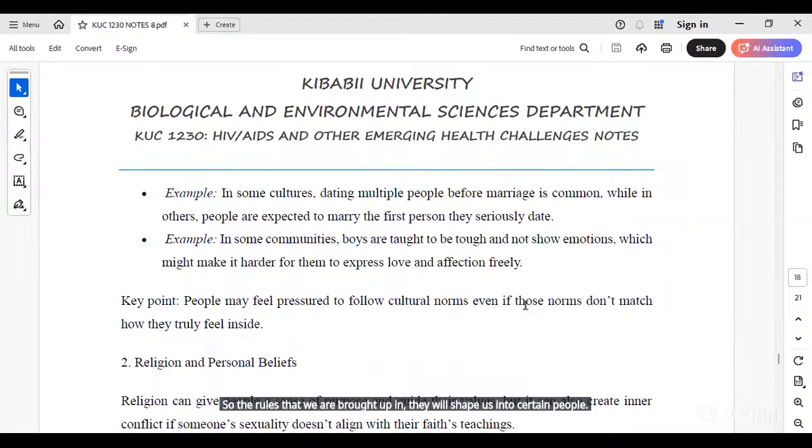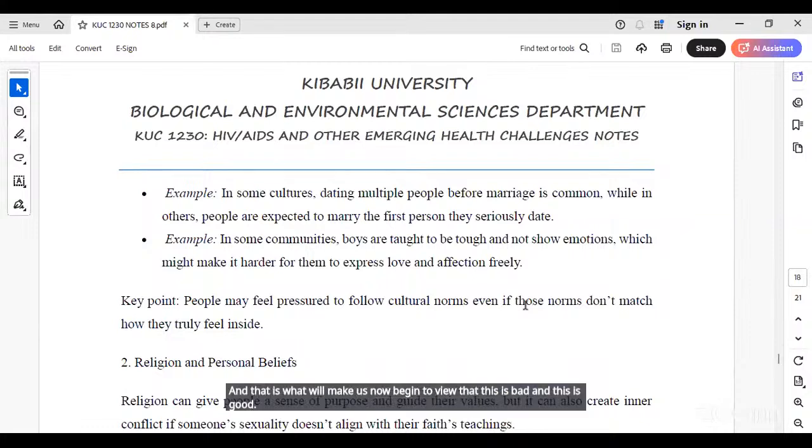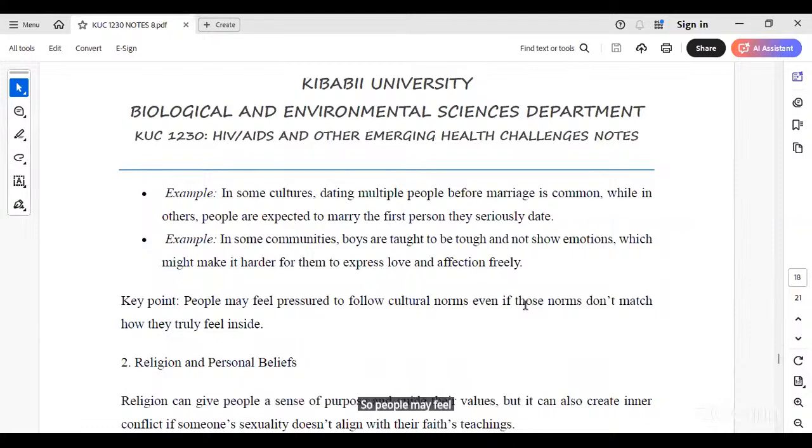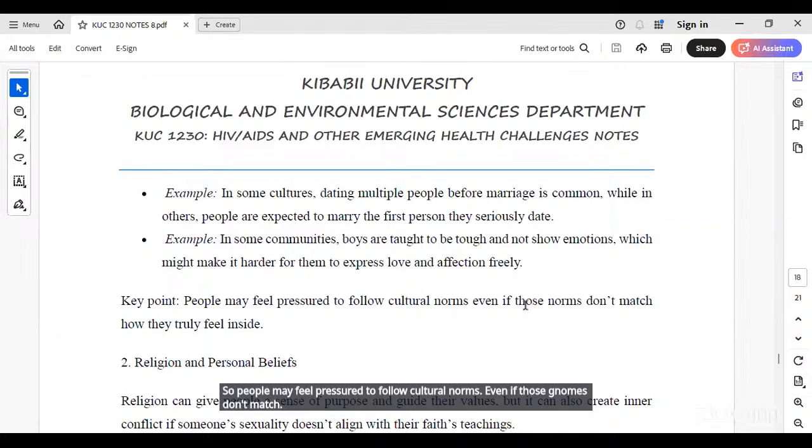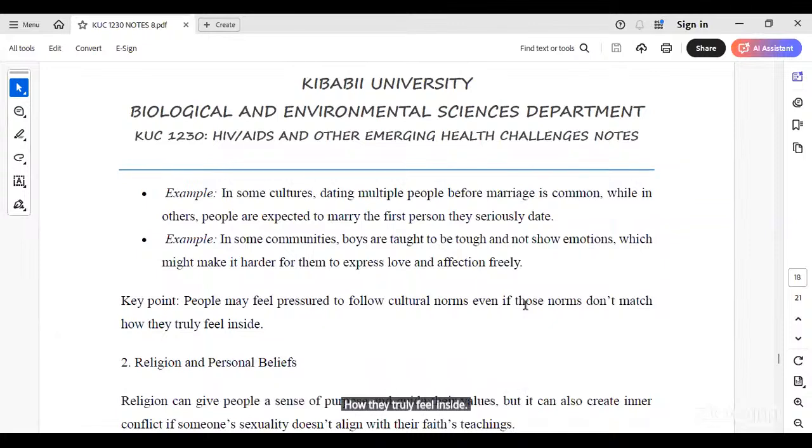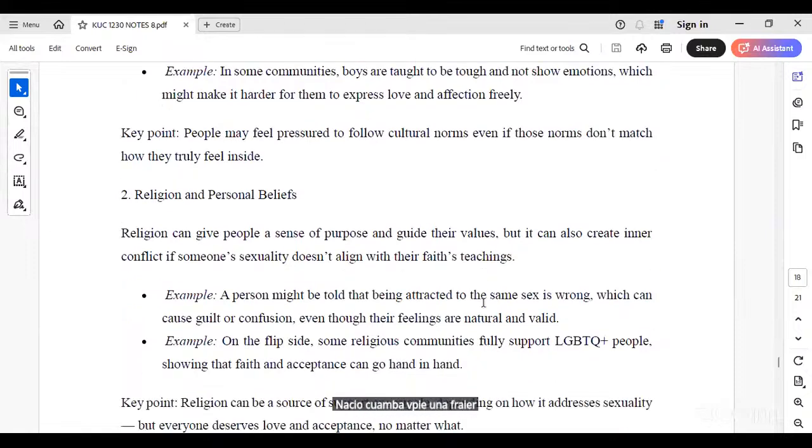And that is what will make us now begin to view that this is bad and this is good. So people may feel pressured to follow cultural norms, even if those norms don't match how they truly feel inside. Okay, so you are told usifanye kitu fulani, sababu sisi watu fulani huwa hatufanyi. Na sio kwamba we pia unafurahia, but ni vile culture inasema hivyo.